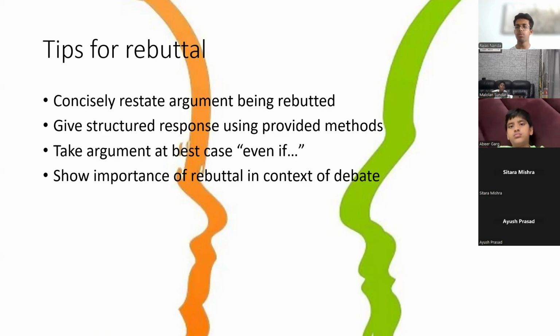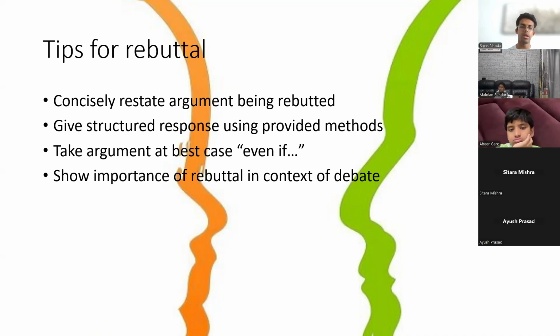In your notes, you probably know what you're responding to, but out of context, it can be a bit confusing for other people. The other thing is to do an even if, which is just trying to hedge your bets. So say, even if you don't believe something I've just said, I also have this other argument to attack their side.